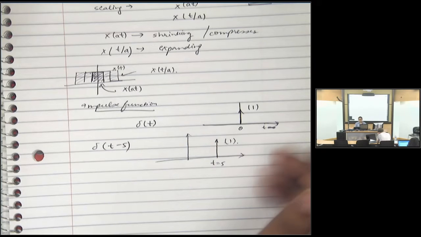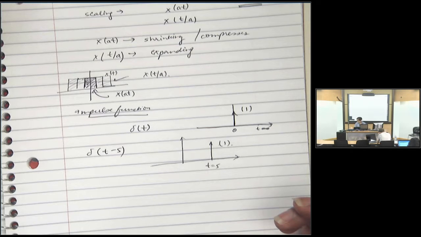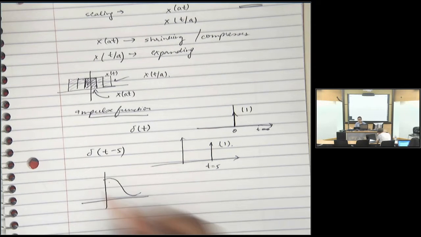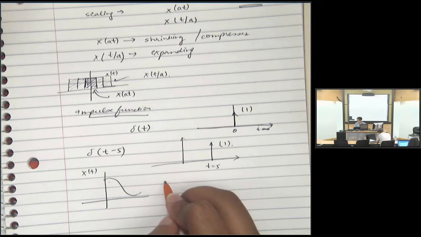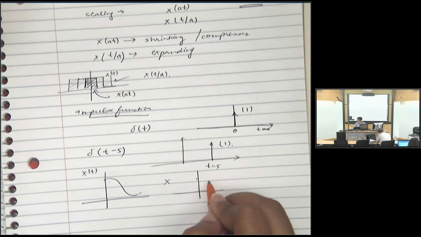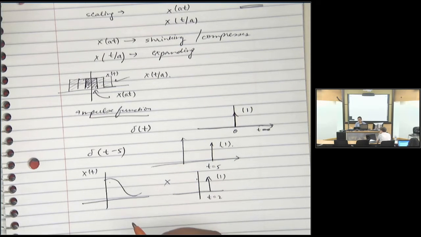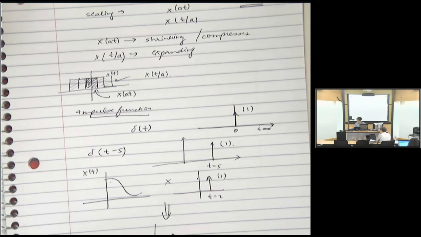So whenever you multiply a function with an impulse, so let's say this is my function, some random function x of t, and I'm multiplying it with an impulse centered at t equal to 2, this will give me the value of x of t at t equal to 2.